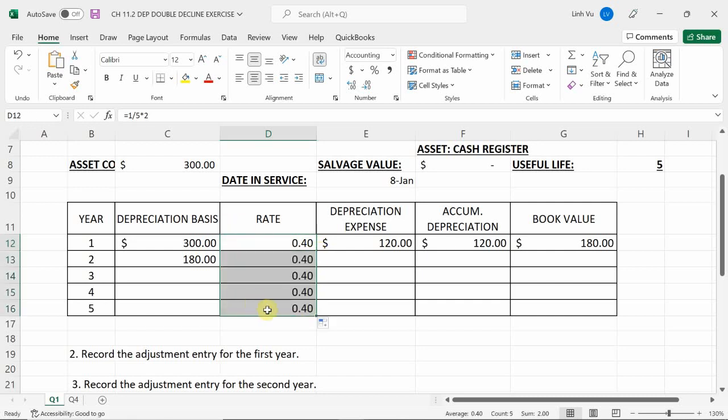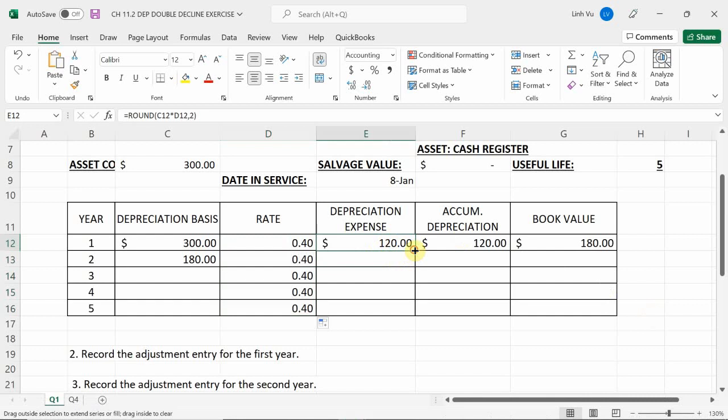Yes, because the formula is always 1 divided by 5 times 2. So my rate will always be constant, 40% all the way through. Now, because I have a new depreciation basis of $180, what's 40% of that?